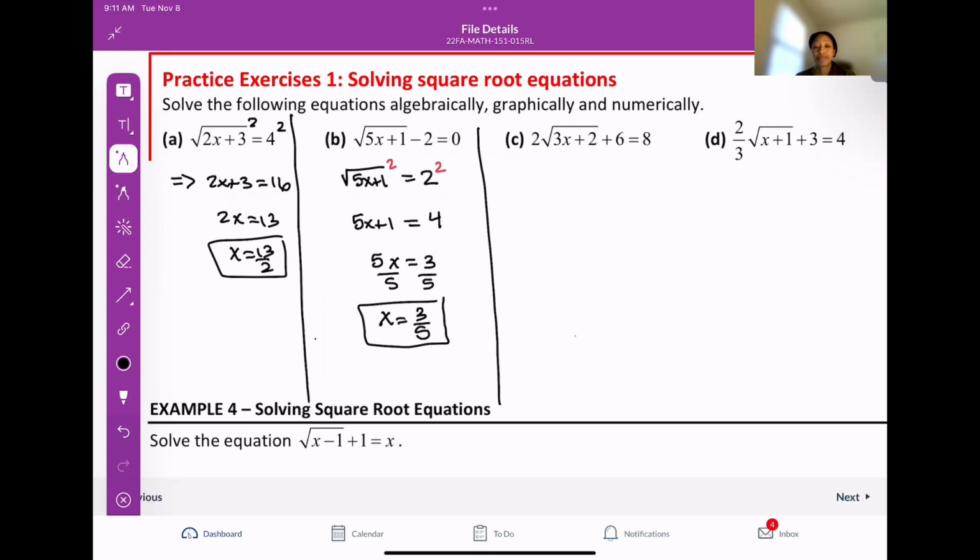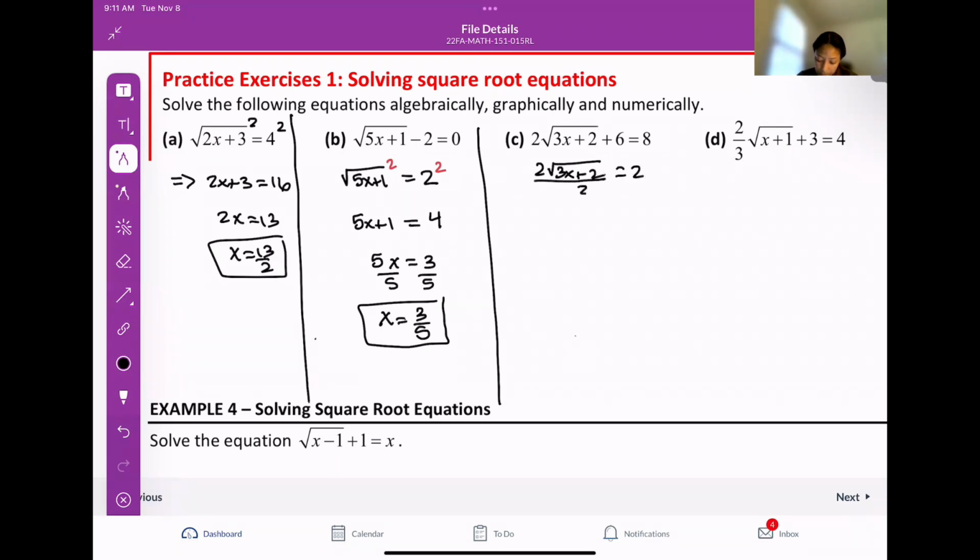On to C. In C, we have 2 times the square root of 3x plus 2, plus 6. So we have a few things going on. First, the radical is being multiplied by a 2, and then there's also a 6 being added. We need to undo both of those things before we square both sides. If we subtract 6 from both sides, we have 2 square root of 3x plus 2 equals 2.